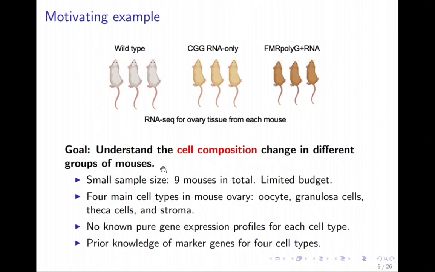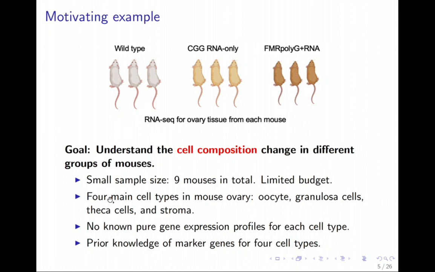There are a few prominent features of our dataset. The first is that the sample size is very small. There's only 9 mice in total. And due to the limited budget, we cannot do other experiments like a cell sorting experiment to understand the cell composition.